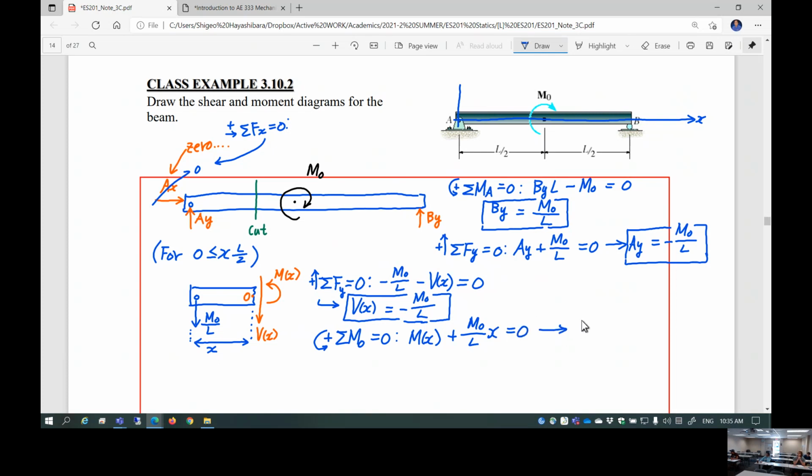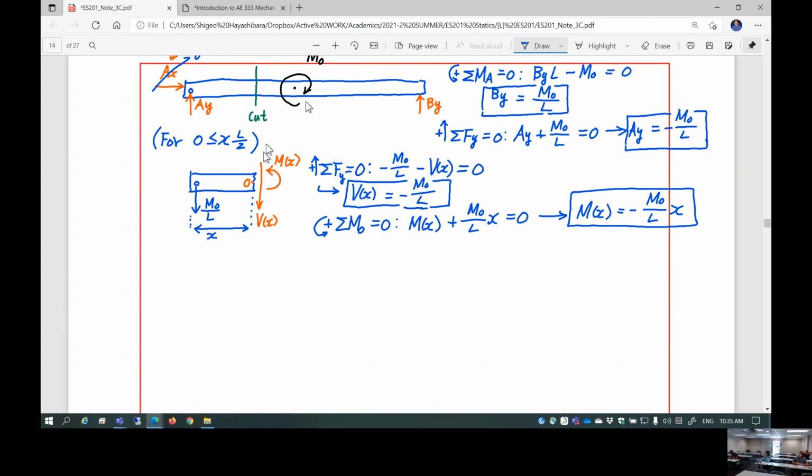This is going to give you moment as a function of x, in which minus M0 over L times x. Oh, this is a function of x. That's right. So now we know both internal shear and internal moment. One is a constant, the other one is a function of x.